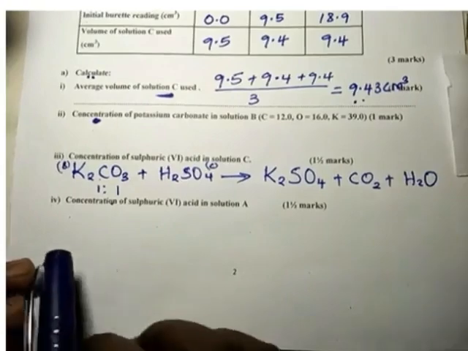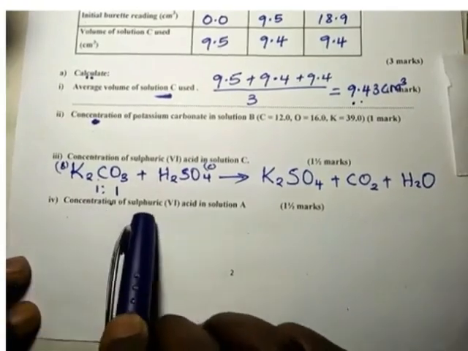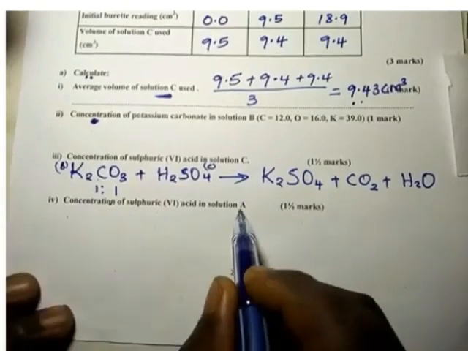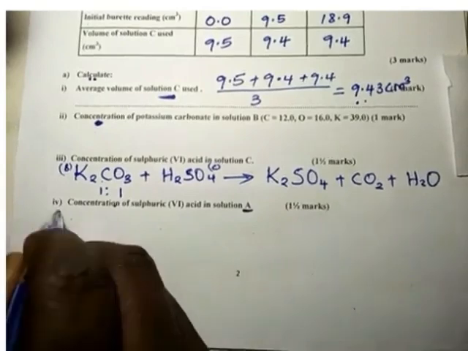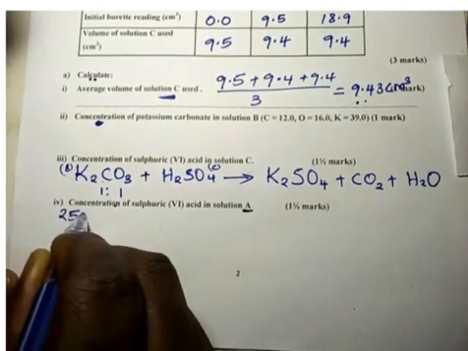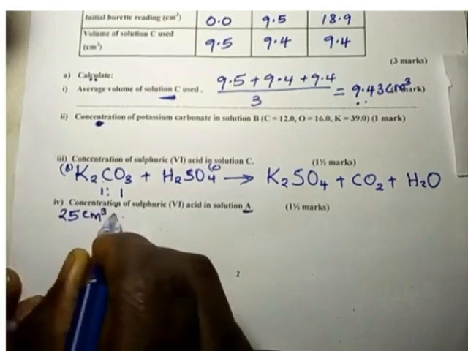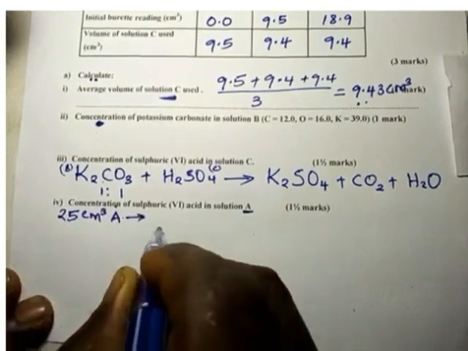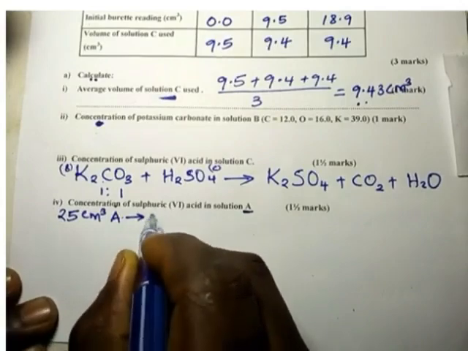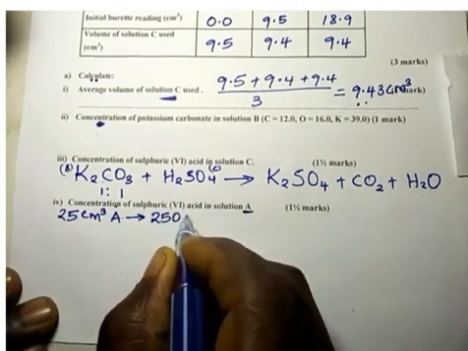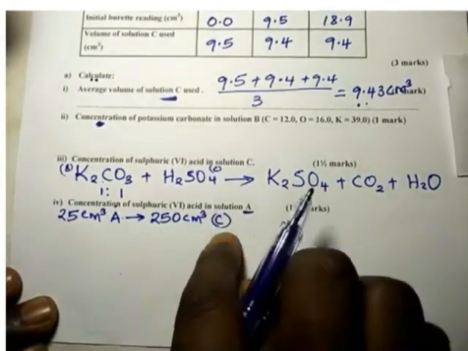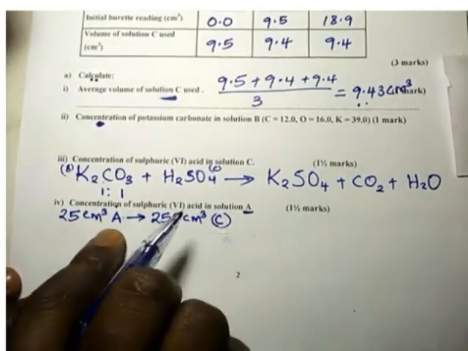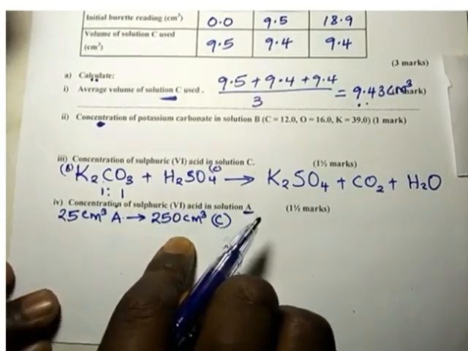So let us look at the last question. The last question asks us to calculate the concentration of sulfuric acid in solution A. Remember, solution A is the original sulfuric acid. We took 25 centimeters cube of A, put it in a volumetric flask, added water until it reached 250 centimeters cube, and called that solution C. It is sulfuric acid that we took from A but it is diluted.